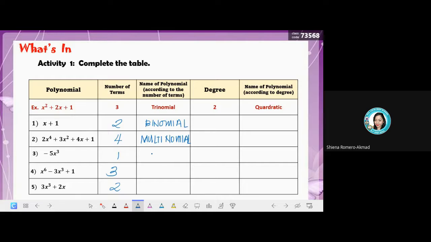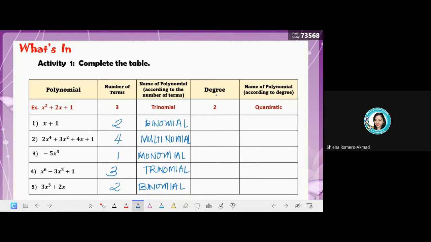Next, number 3. Ano tawag natin dito sa number 3? Mono pala. Mono. Yes, monomial. Kala ko sagot mo mono pala. Number 4, trinomial. And number 5, of course, that is binomial, correct.